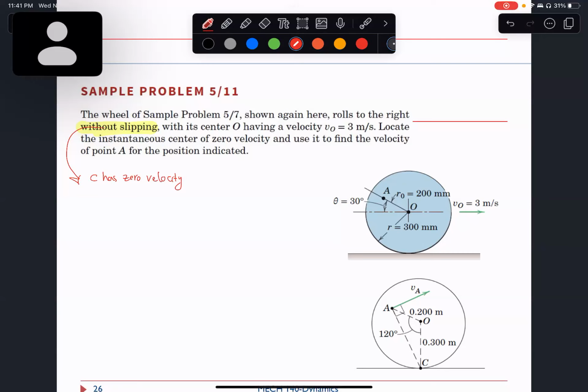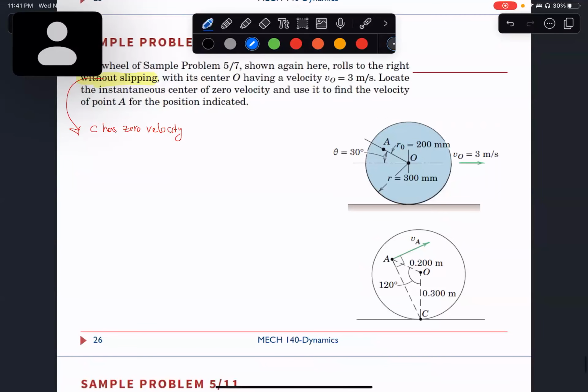Okay, that's the instantaneous center of zero velocity. Now let's look at this diagram here in the bottom. I know velocity of O, and I know the distance from C to O, from the instantaneous zero velocity point to the center, right?